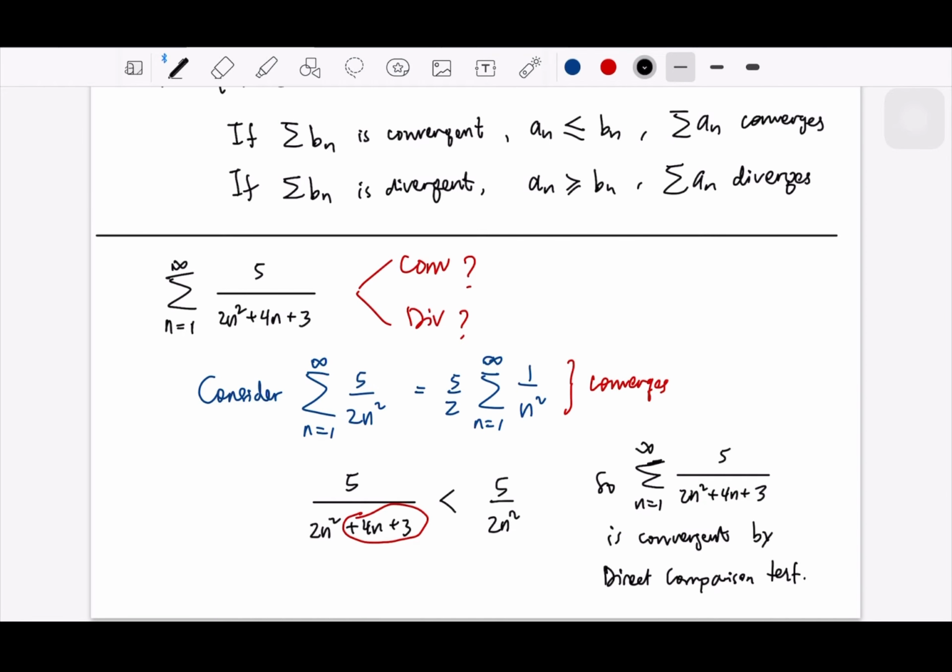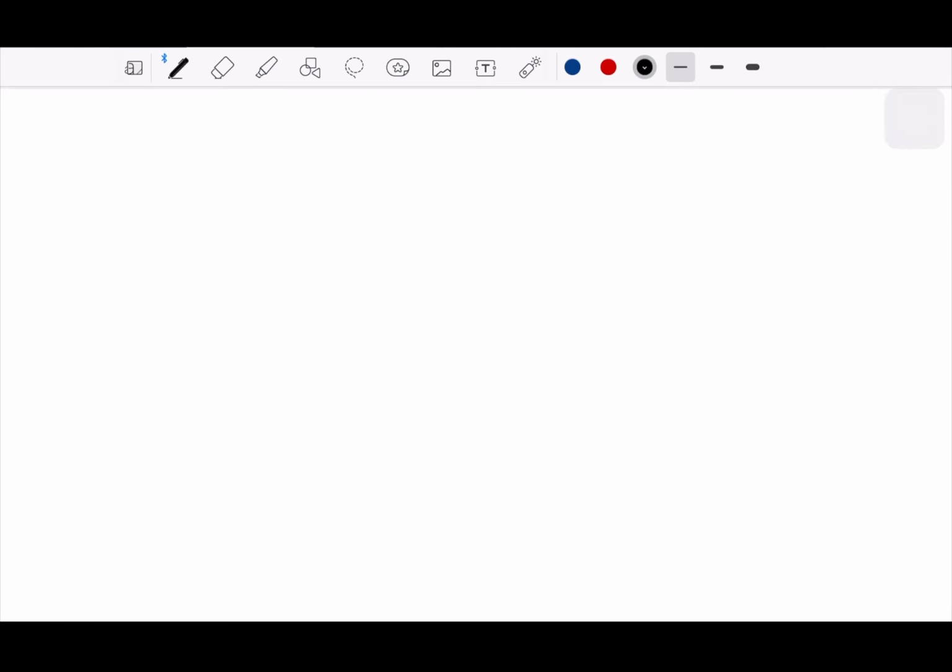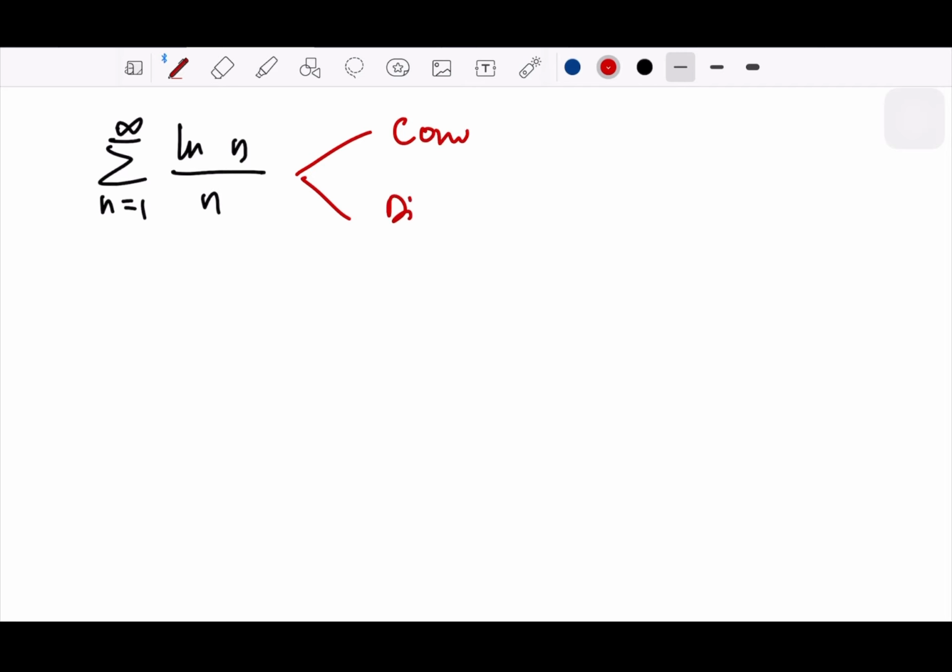Okay, another example on this direct comparison test. Can we check whether this is convergent or divergent? We can use the integral test if you want, because it's a decreasing function.